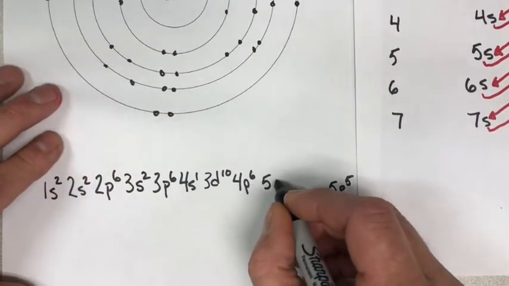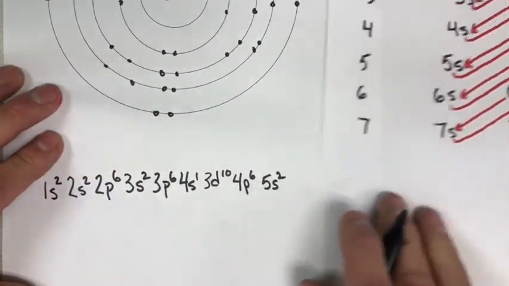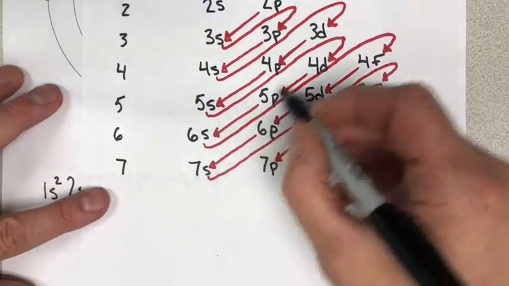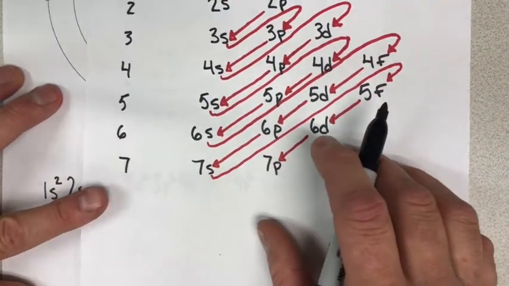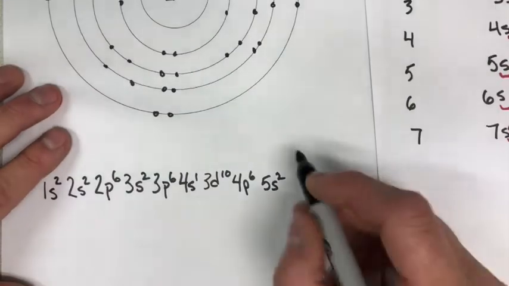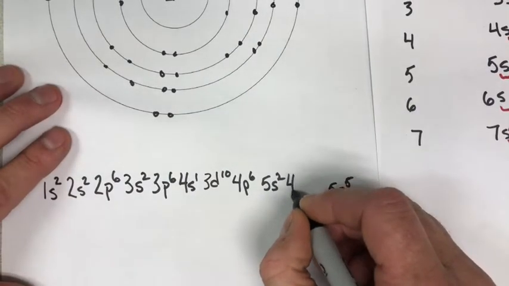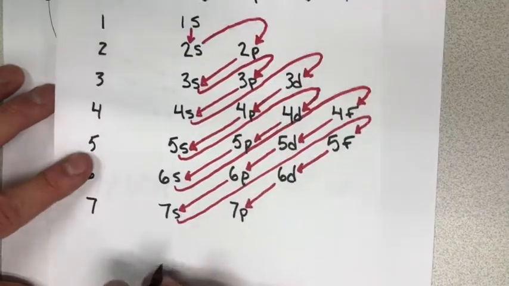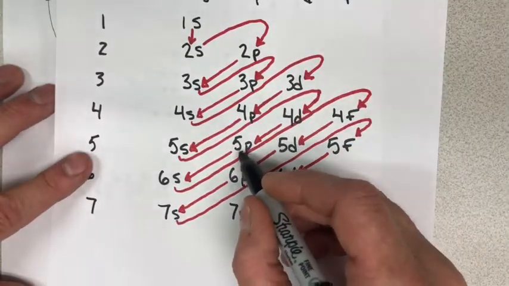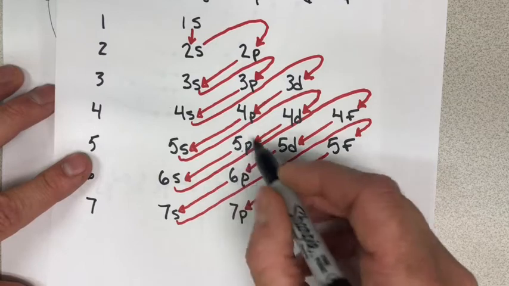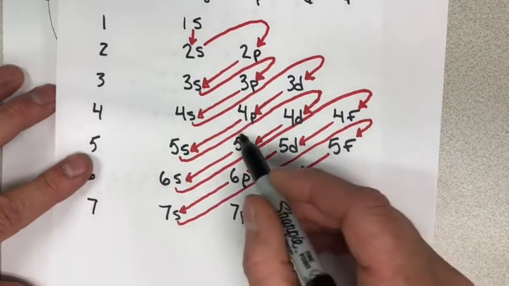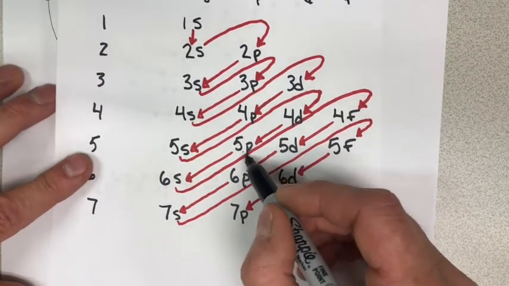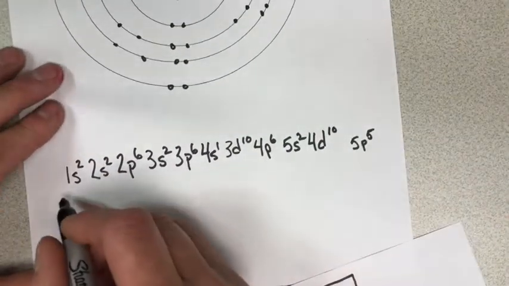And from 5s, we go to 4d. And there are 10 electrons there. And after 4d, we're at 5p. And that's kind of the stopping point because that's where iodine lives, on the 5th energy level in the p sublevel. And that is the electron configuration.